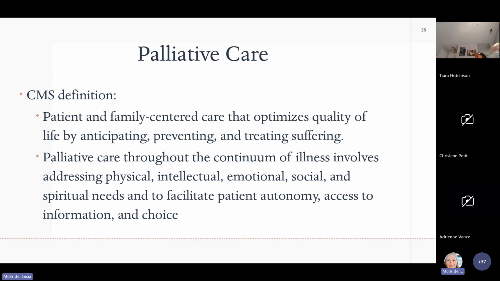If a person has diabetes, COPD, or congestive heart failure, they don't have to have cancer. But if they have cancer, they can get palliative care. They can get enrolled with a palliative care company that will actually come in and help them maintain their quality of life. And those services are based on an assessment of what their need is.